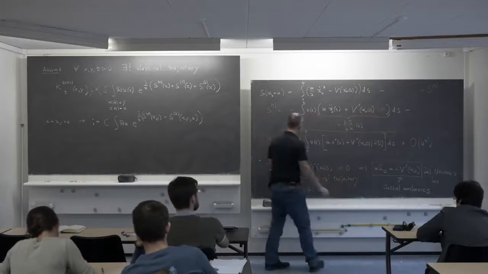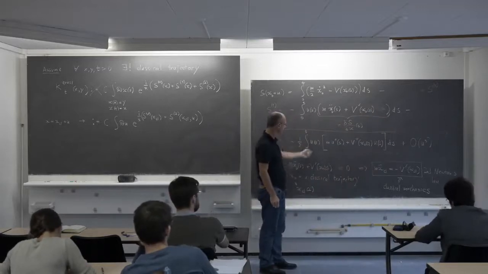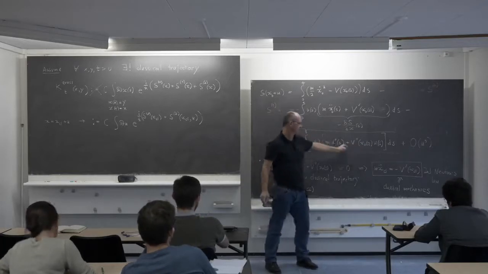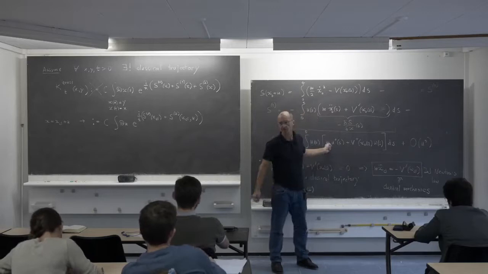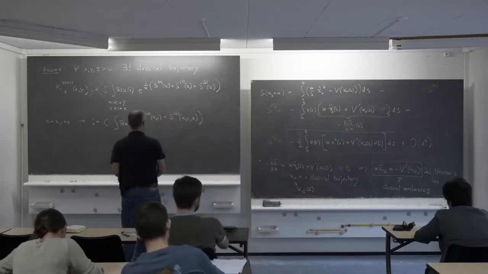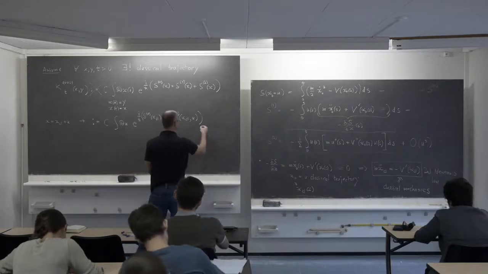So this is a quadratic expression in u, and here we have some linear operator. Now we'll have to discuss what kind of linear operator is there. All right.